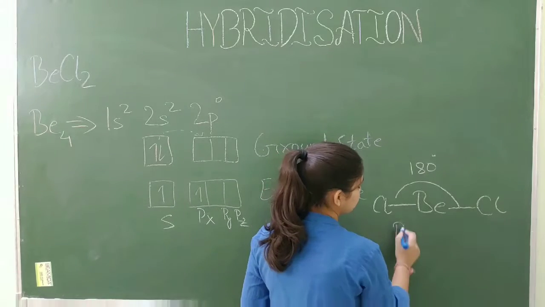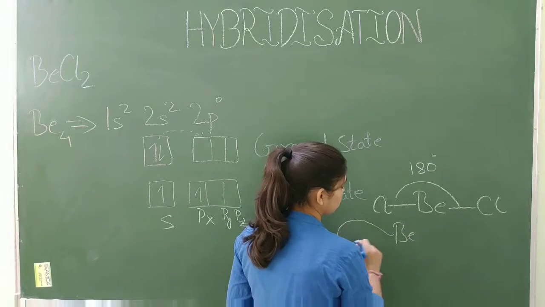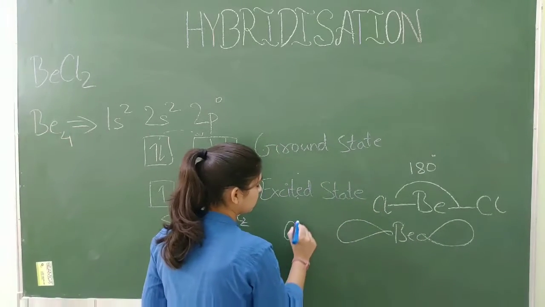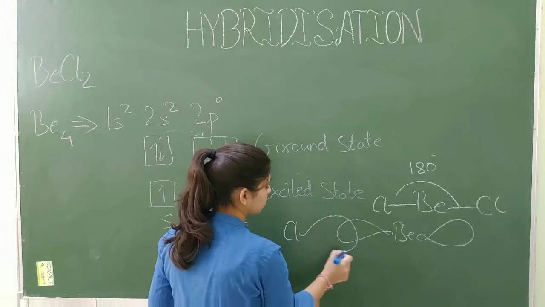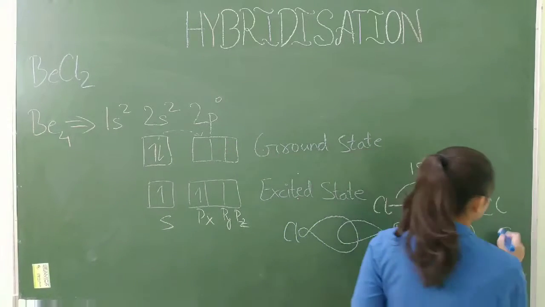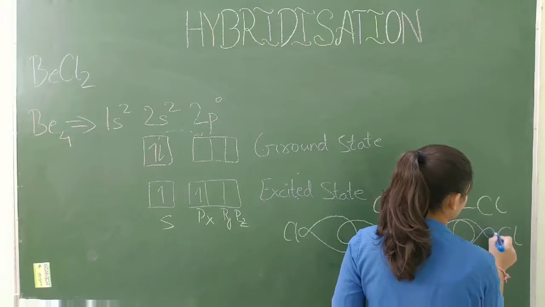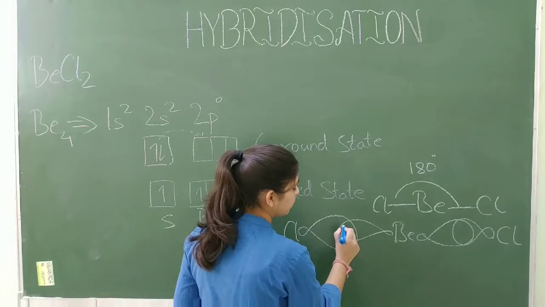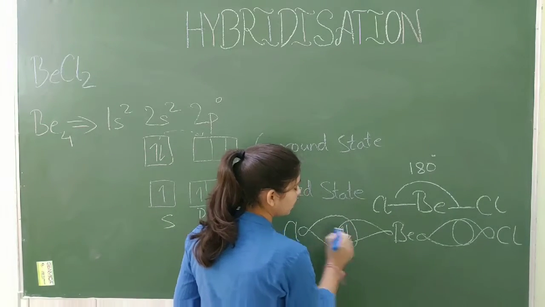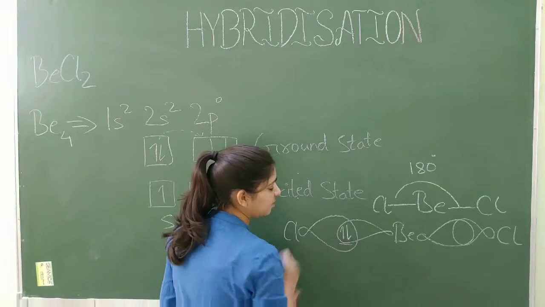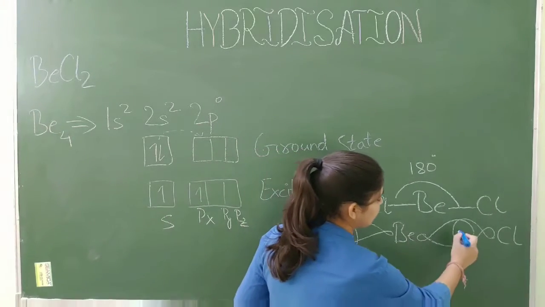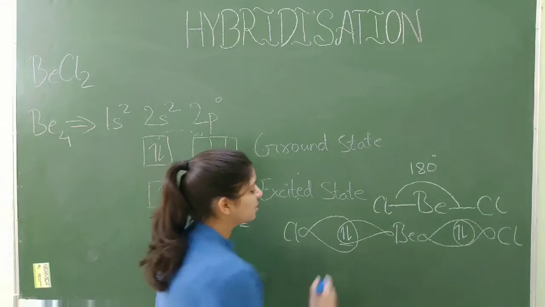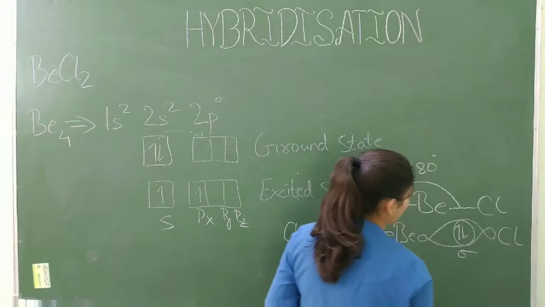Okay, that is like this, 1, 2, and chlorine 1. One electron of beryllium will combine with one electron of chlorine, and similarly one electron of beryllium will combine with one electron of chlorine and they form a sigma bond.